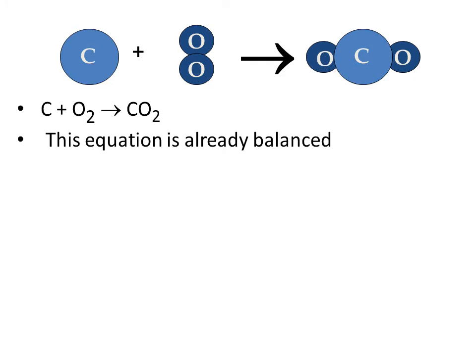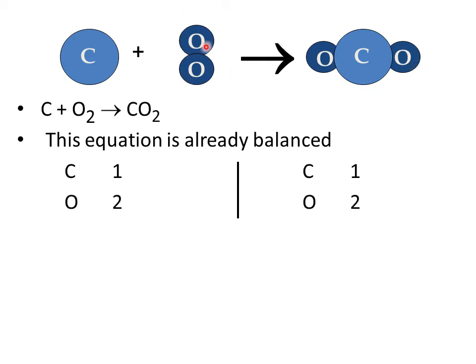This equation is actually already balanced. If we look, we have 1 carbon on our reactant side, we have 1 carbon on our product side. And if we make a little table, we can see that as well. Carbon on the reactant side, carbon on the product side, 1 of each. And we also have 2 oxygens on our reactant side and 2 oxygens on our product side, although they have rearranged.